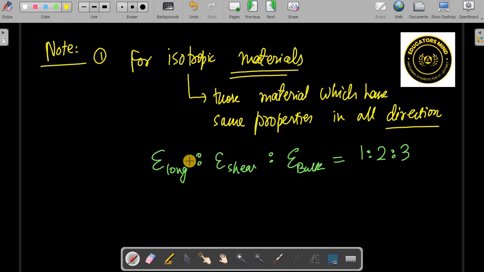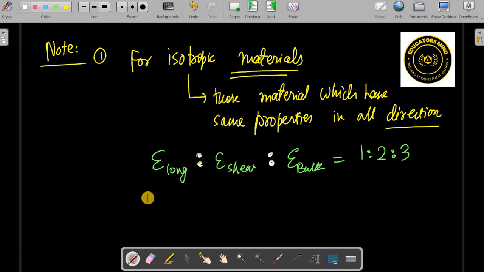Because length means only the x direction, shear means xy, and bulk means xyz, all three. So this is just like alpha, beta, gamma in expansion, right?